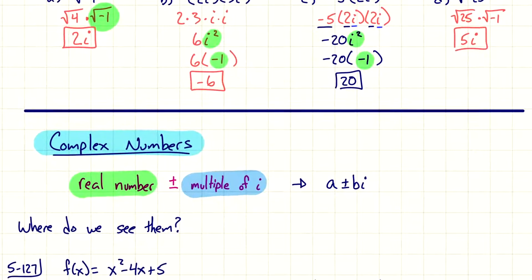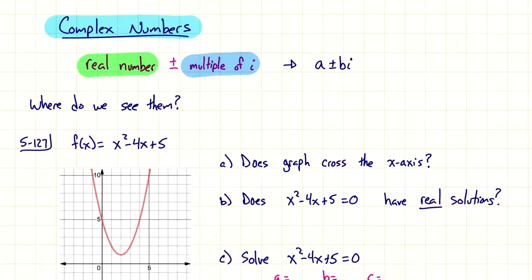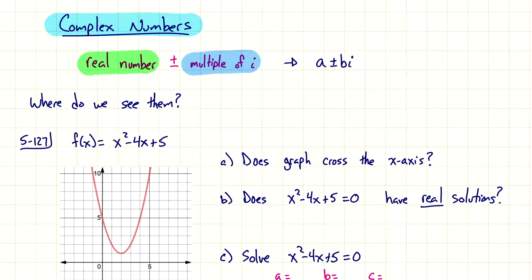All right, so here we have the general format of a complex number. It's going to be some real number, right? We talked about real numbers earlier. And plus or minus, it might be a plus, it might be a minus, some multiple of i, a multiple of an imaginary number.